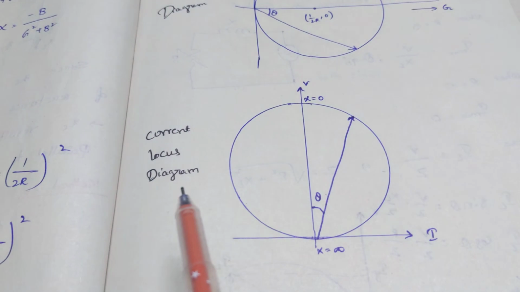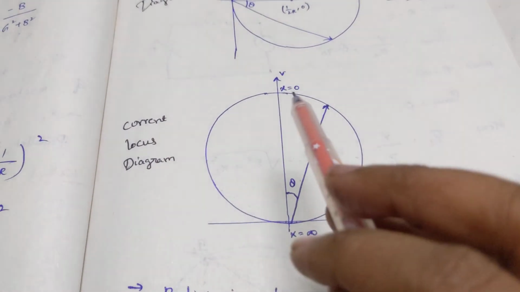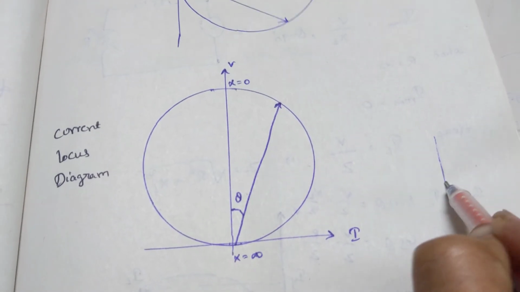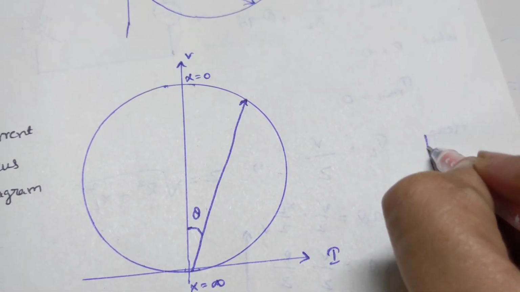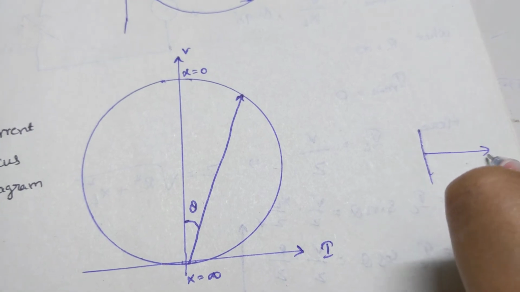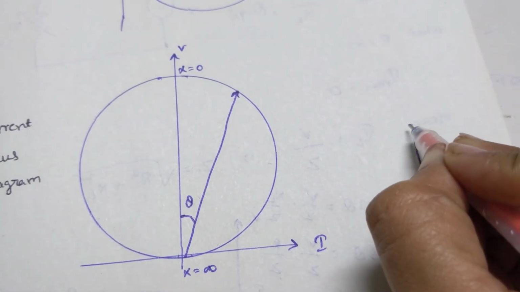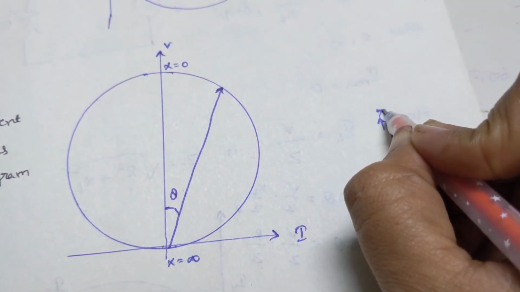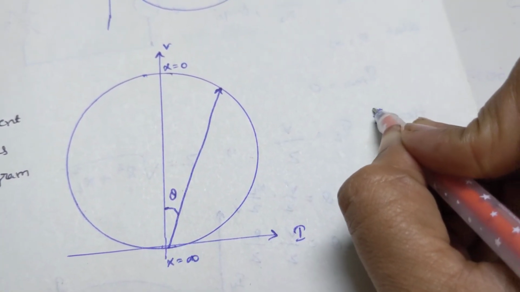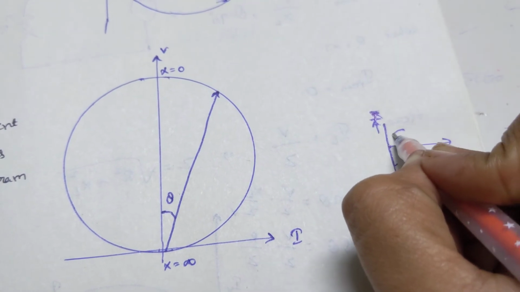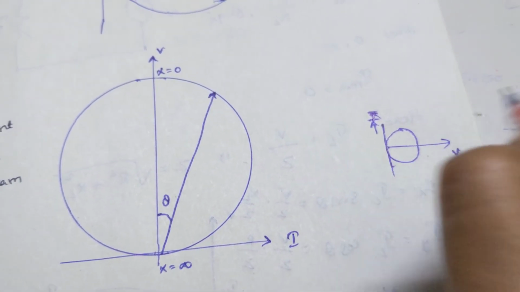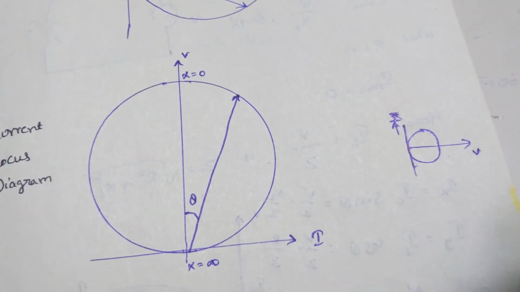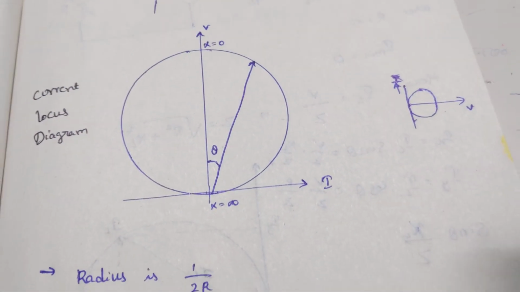When coming to the current locus, if you take the VI plane, it will be like this. If I want to modify this plane in such a way that V is on the x-axis and the current I is on the y-axis, the circle equation will be like this. The equation of the circle doesn't vary, only the position of the circle varies. Please understand that.